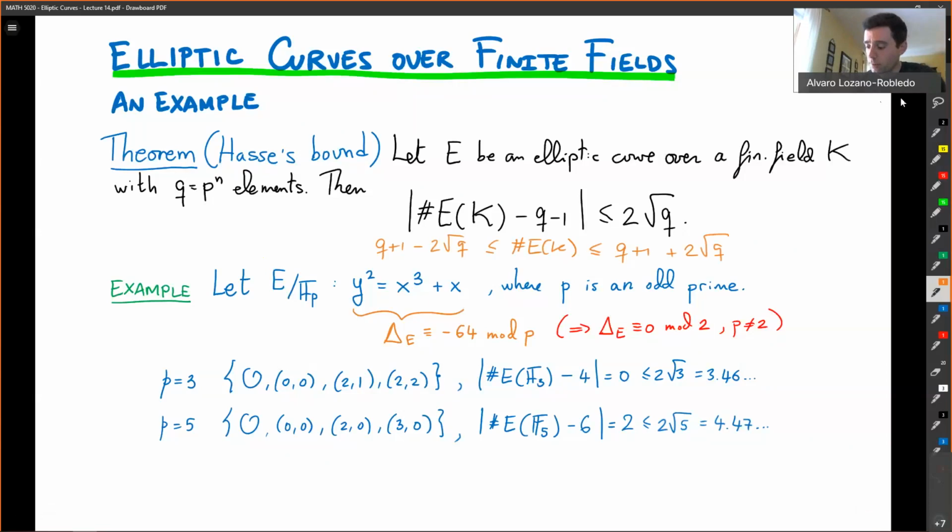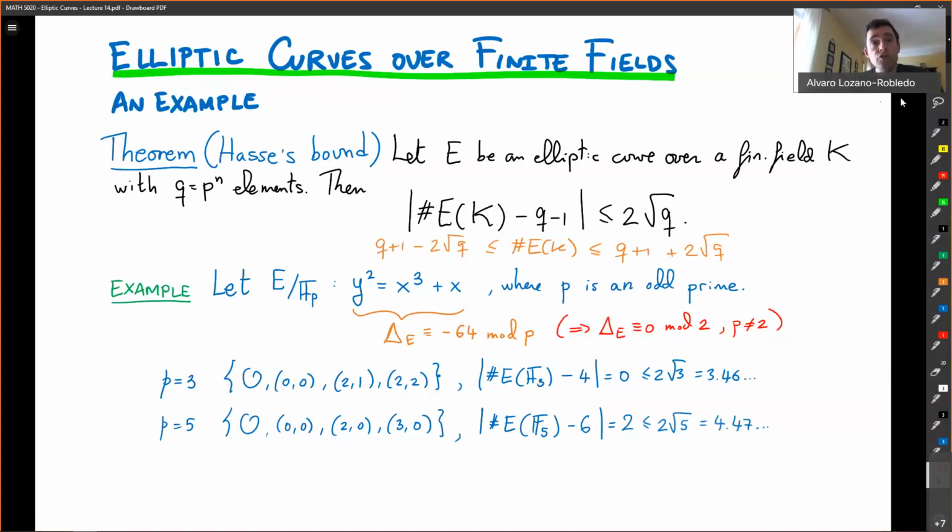Okay, so here's an elliptic curve that I'm going to be working with. y squared equals x cubed plus x. That is an elliptic curve. I'm going to define it over F_p, the field with p elements, and I'm going to choose p to be an odd prime. Why? Because if you look at the discriminant of this model, the discriminant is minus 64.